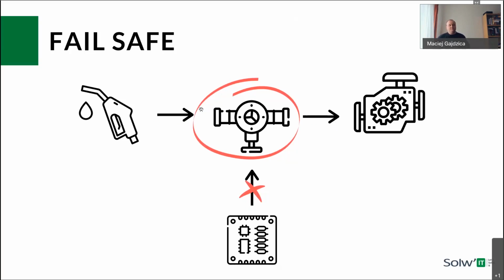But the default operation can also be to shut down this fuel intake, and this way the engine will stop by itself, so the system will still be safe even if our device stops working. This ability is called fail-safe. So our element is fail-safe if, even if it's not controlled, it can't cause any accident.